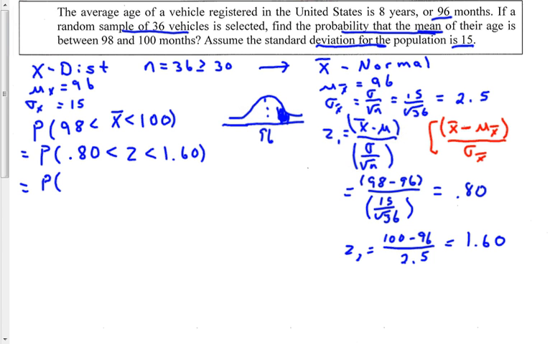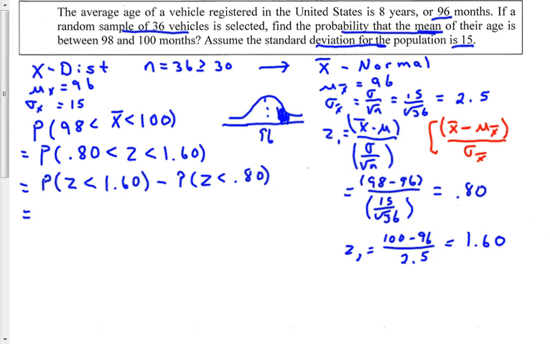Probability that z is less than 1.60 minus the probability that z is less than 0.80. And again, you're subtracting the probabilities, not the z-scores.